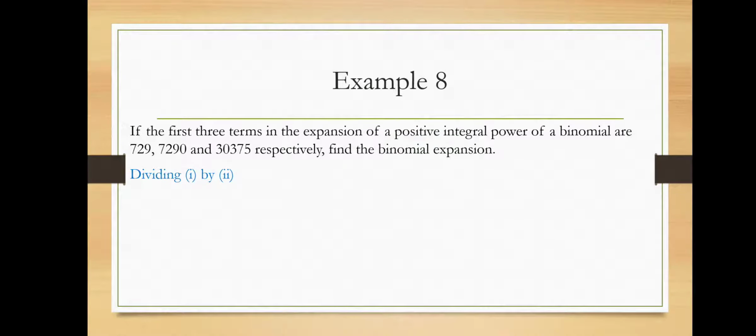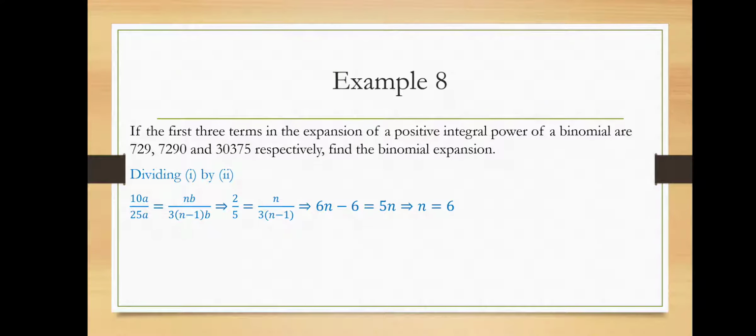If I do this, I can see that a gets cancelled, b also gets cancelled, so I am left with only n.